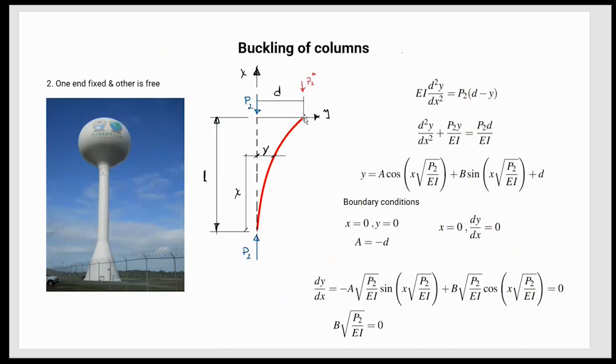Applying the same methodology here, I have a column in a straight position, but it can deform like this. Then I can start writing the equations of moments produced by this force here. It's going to be a pretty similar formula, but the difference is that the bending is going to be produced not only by the distance from the vertical line to where the column is located, but also by where in the x axis I'm measuring this y.